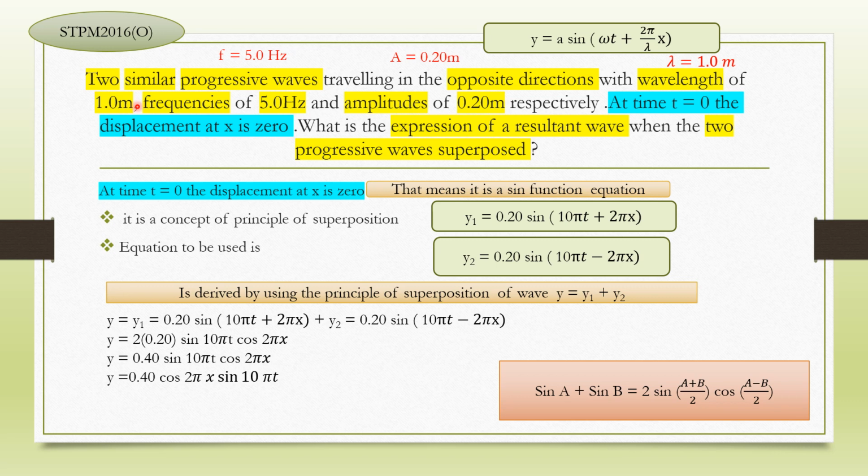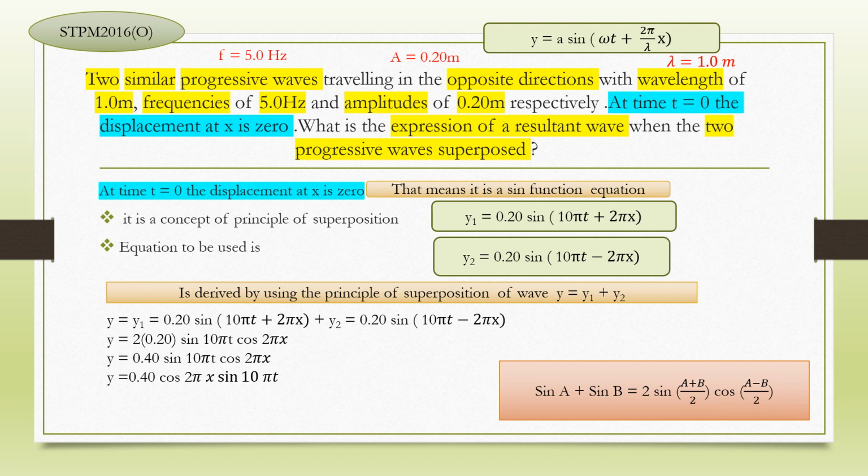Now, what is so important with this keyword? At time t equals 0, the displacement at x is 0. Now, the keyword is very important. This sentence means that it's a sine function equation. Okay, so let me look at this.